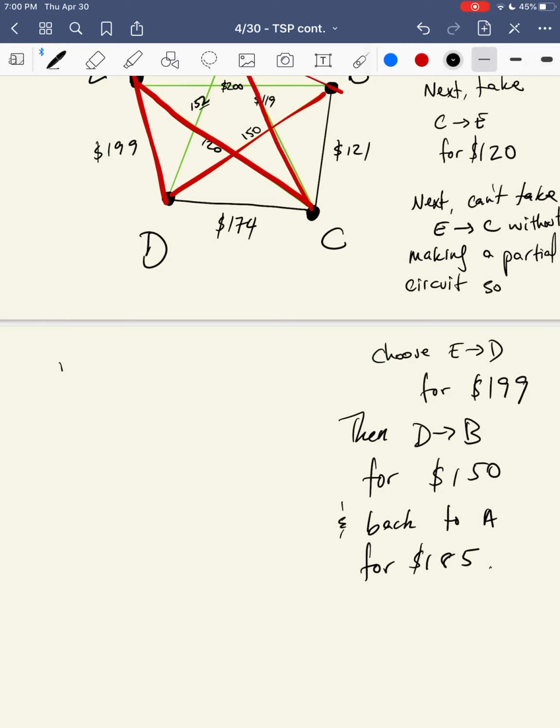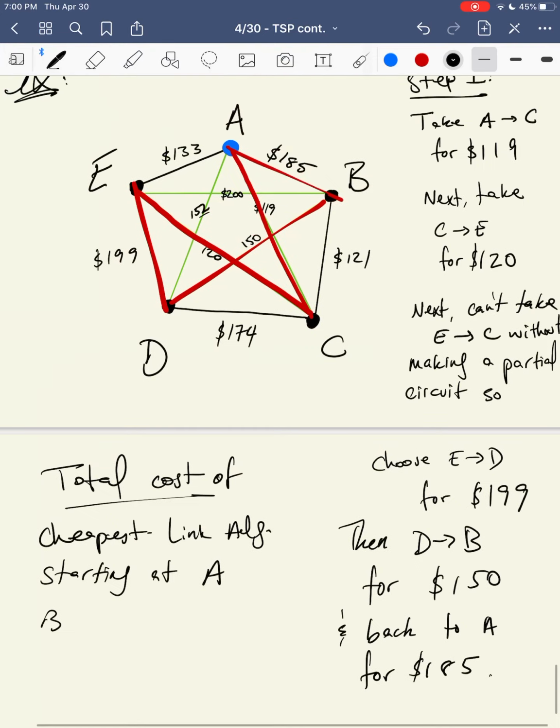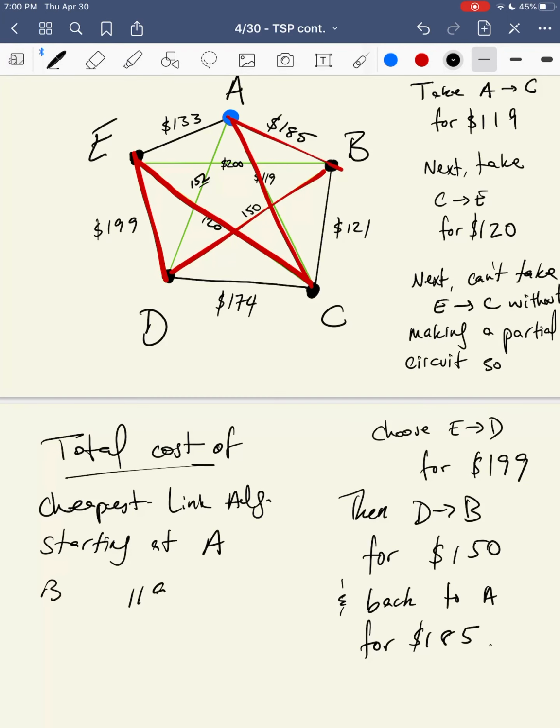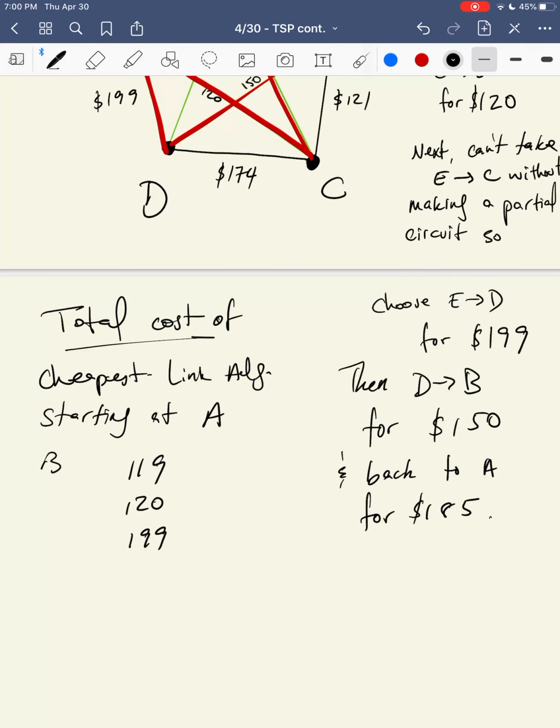Okay, so the total cost of the cheapest link algorithm starting at A is 119 plus 120 plus 199 plus 150 plus 185.